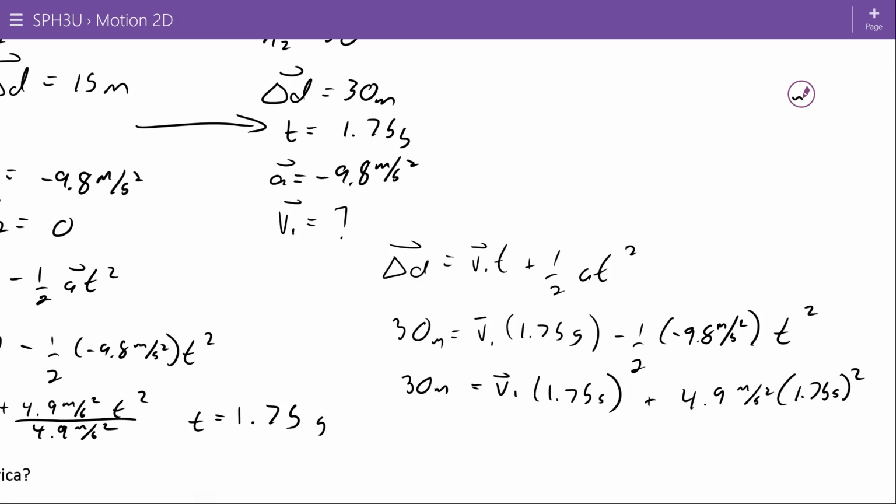So just doing the math for that last term, 4.9 times 1.75 squared works out to 15.